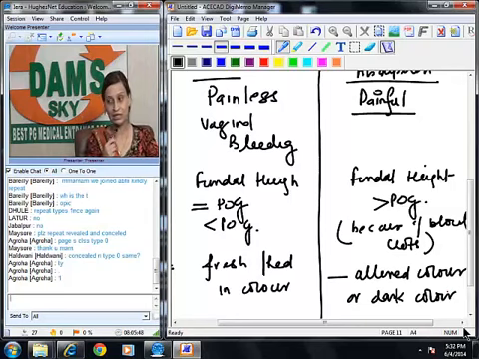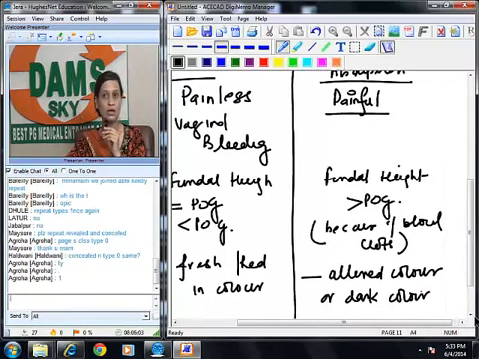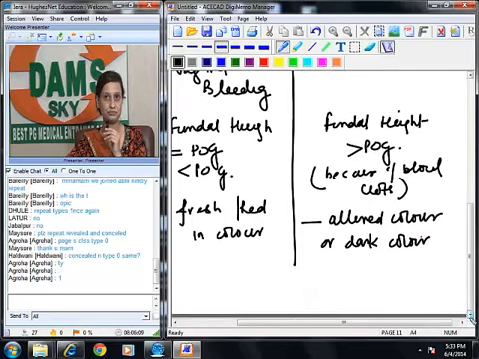Because the blood is retained inside the uterus for some time before it is expelled outside. And as we all know that blood, any blood clot over time undergoes changes in the colors, right? So that is why it appears altered or dark colored in abruption, whereas it is fresh bright red in placenta previa.